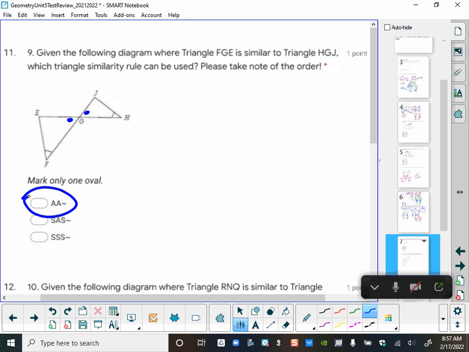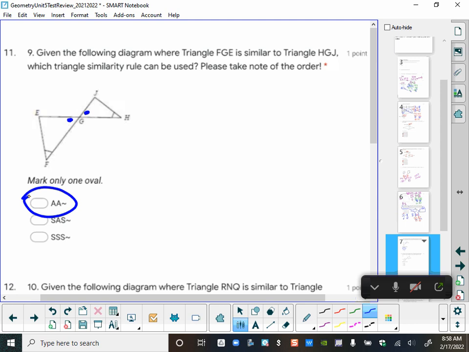So for these types of problems, you just need to know what type of similarity setup you have. That's what we have going on here. Anybody have any questions on this setup here?